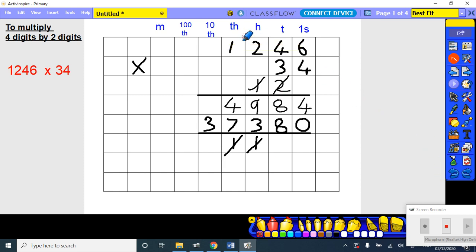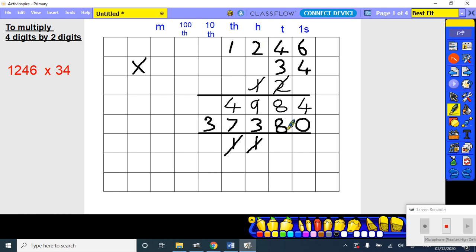Now, as we multiplied everything on the top row by the units or the ones number first, and then we multiplied everything on the top row by the tens number, we have partitioned them and we've done them separately. We must now add our two rows of answers together to give us our total.